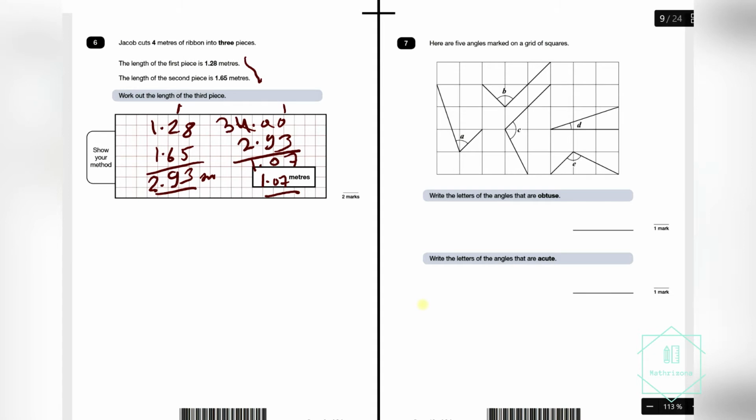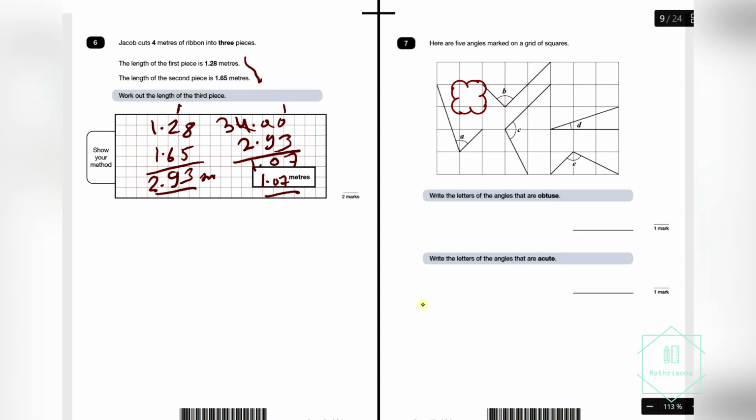Okay, next question. Here are 5 angles marked on a grid of squares. Each of these boxes is a square. We have to write the letters of the angles that are obtuse. In a square, if we start from here, let's see angle C. This is our baseline.